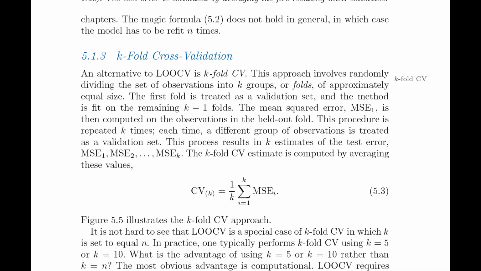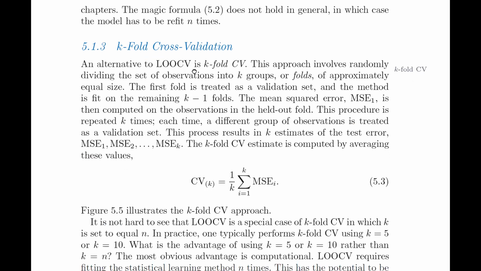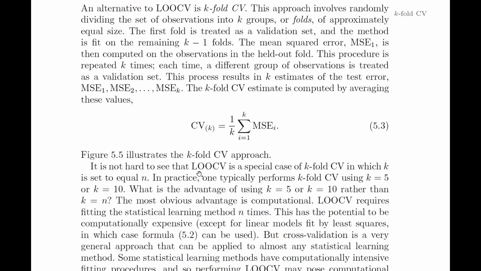The mean squared error, MSE1, is then computed on the observations in the held out fold, as you would expect. So leave one out is a special case of k-fold, in which k is set equal to the number of observations.